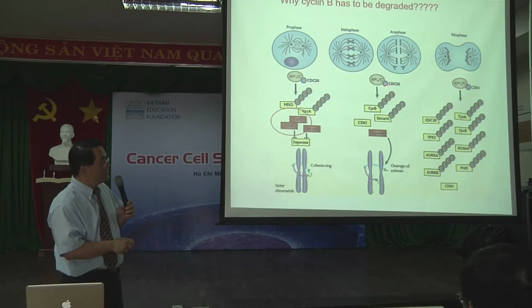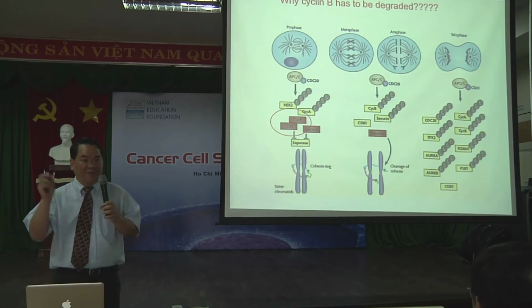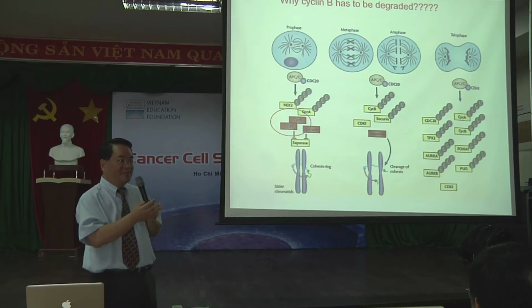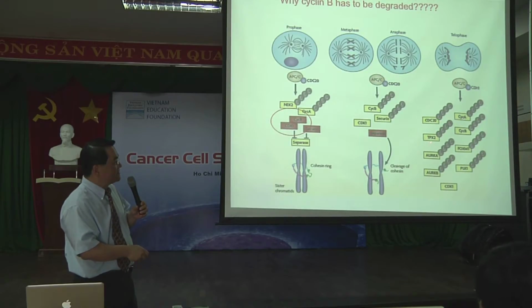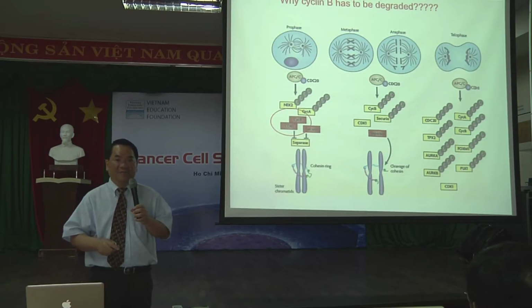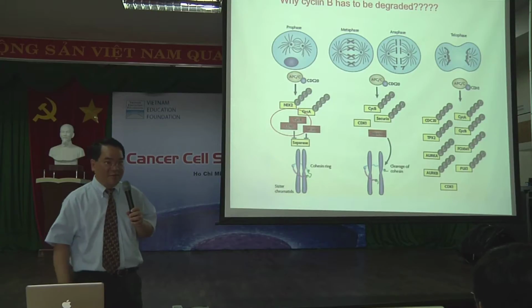CDC20 was here, but at the late stage of mitosis, CDC20 had to be gone as well. Okay? So, once the proteins finish their job, they will be degraded. At the end of mitosis, the APC complex cleans it all up, okay?